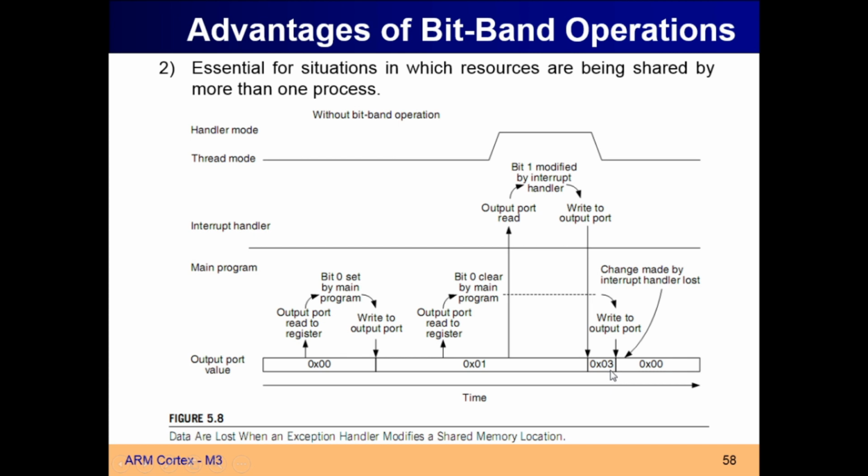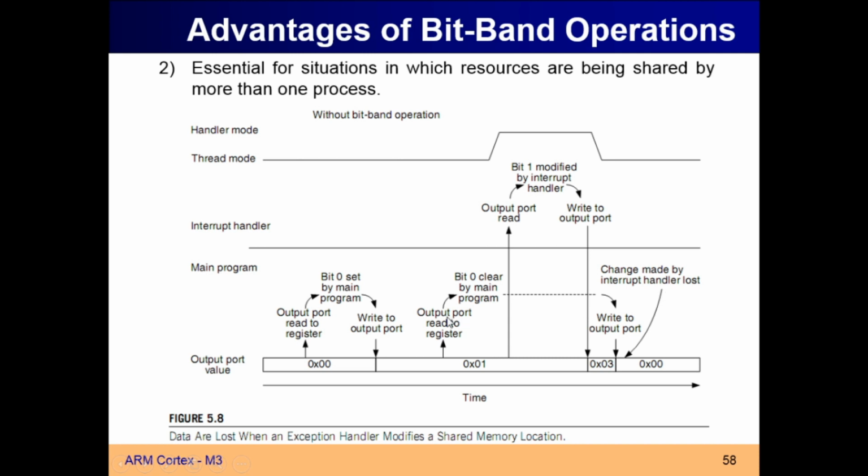Why was it lost? Because the read, modify, write operation has taken place, and before the write operation was completed, read and modify had been done, but the write operation was not completed. Before completing that operation, the interrupt handler got executed, right? So the change made by the interrupt handler was lost.